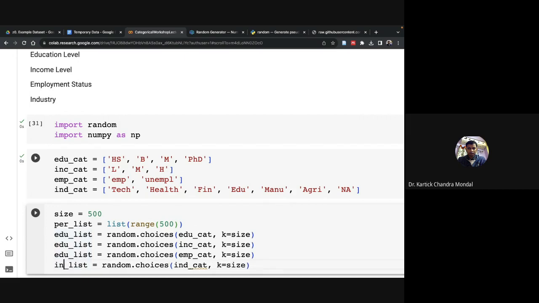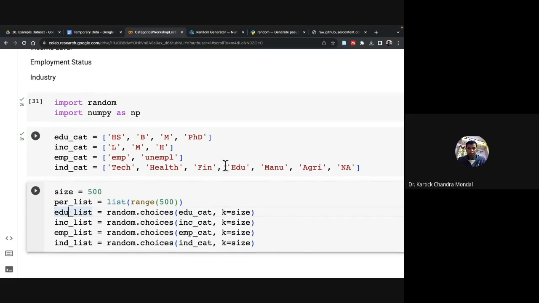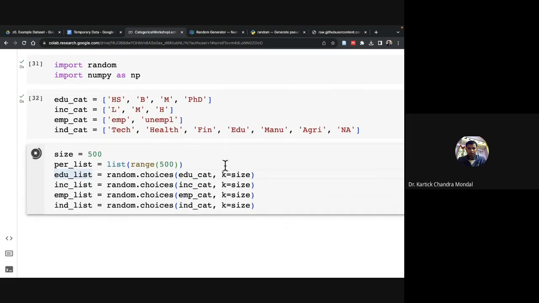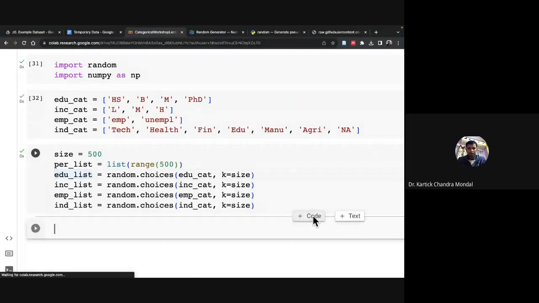Similarly, int list, emp list, income list, industry list. So we will generate all those lists of values.